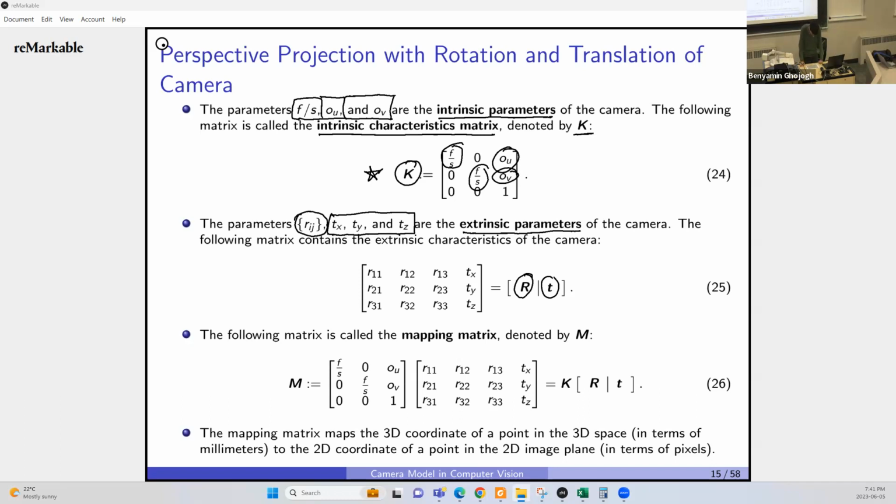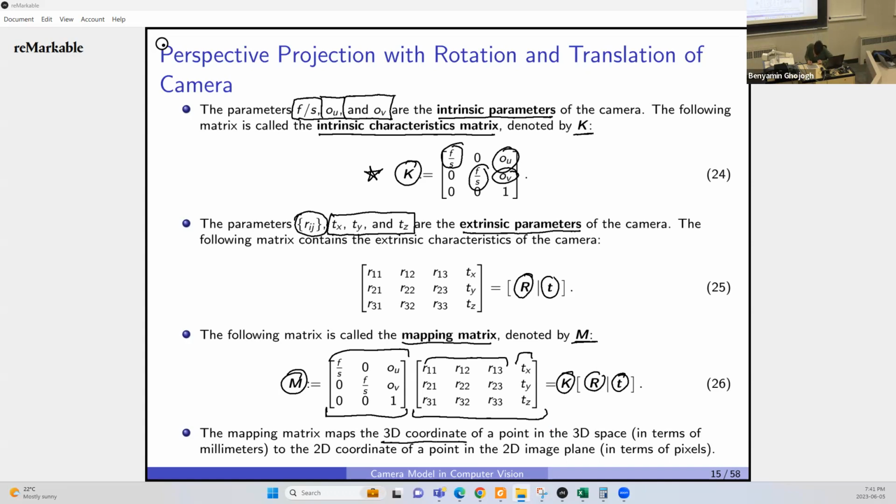Okay, so far clear. Now, the multiplication of these two matrices is called the mapping matrix, denoted by M. So this is K, and this is the rotation matrix, and this is T. Now the mapping matrix, what does it do?